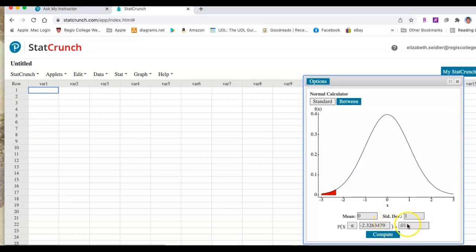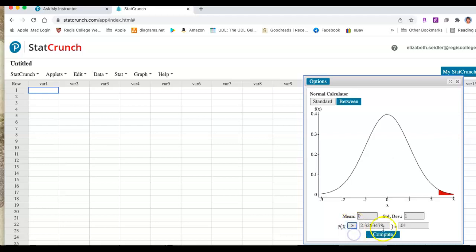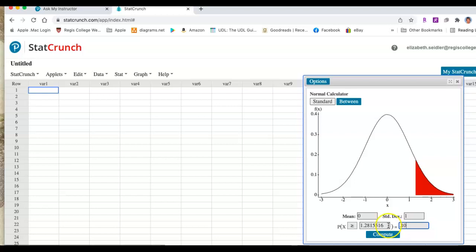So let's see, if I wanted to check to the right for 0.10, it's 1.28. Now notice as the area becomes larger, the critical values tend towards the mean.